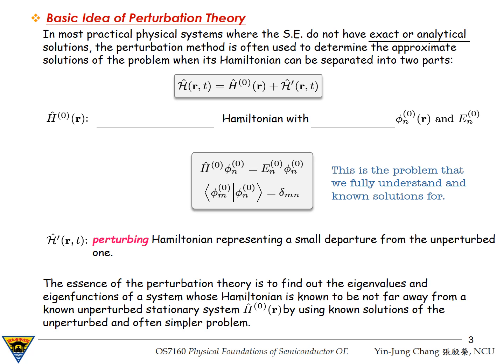We write the full Hamiltonian as shown in this equation, where Ĥ⁰ represents the unperturbed stationary Hamiltonian. This is the Hamiltonian of the problem that we already understand. Its eigenfunctions and eigenvalues are assumed to be known. In other words, we know how to solve the unperturbed eigenvalue equation as shown here, and the unperturbed eigenfunctions form an orthonormal set.